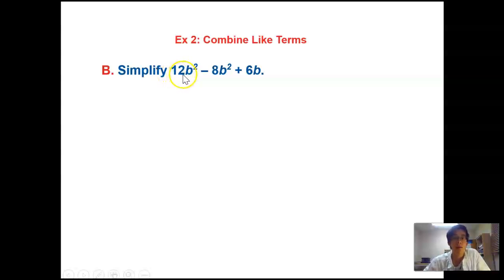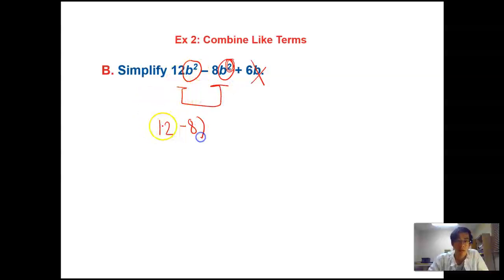You have 12b squared minus 8b squared plus 6b. If I look at them closely, I only see that 12b squared and 8b squared have a common factor. 6b is not a common factor because it needs to have an exponent of 2. So if I combine these, I have 12 minus 8 in the parentheses, and I know they're both being multiplied by b squared, and then 6b.